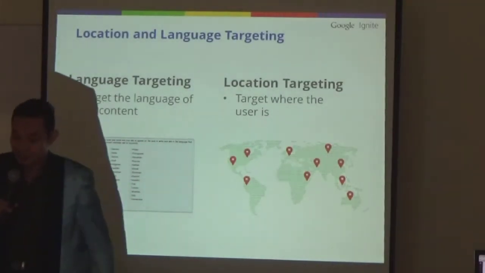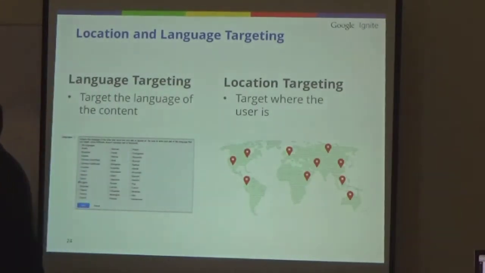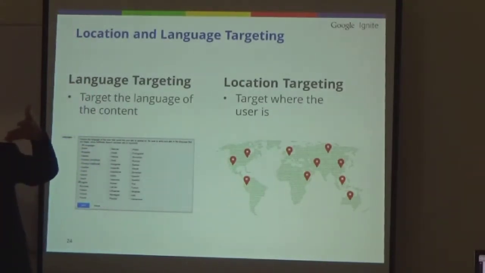Similarly, like your search, they have language targeting and location targeting. For example, if someone from France makes a movie, and the whole movie is in French, no English words or anything like that.